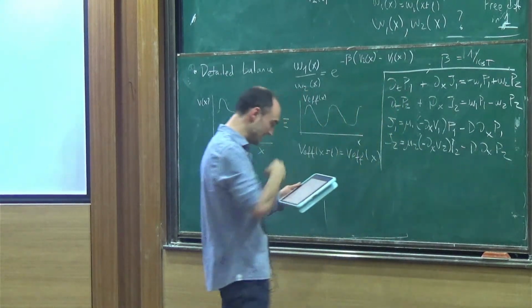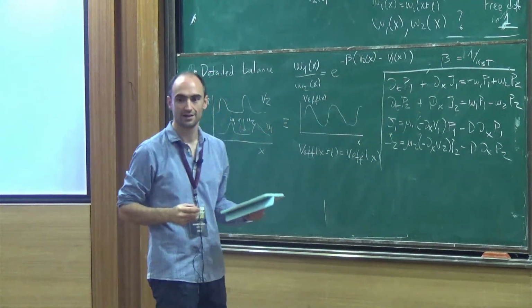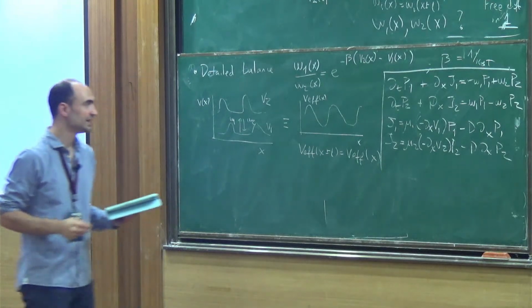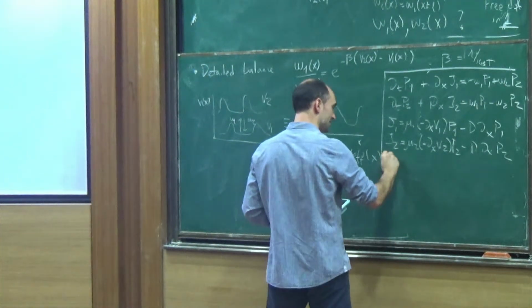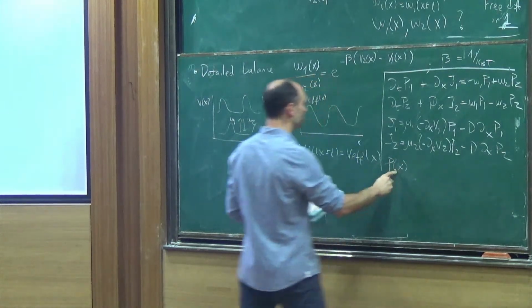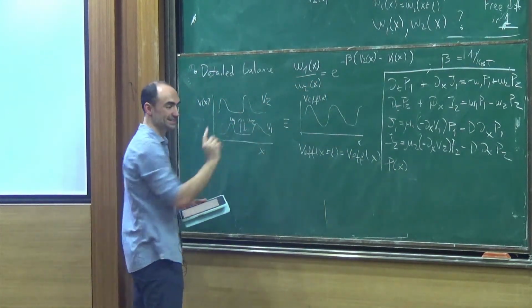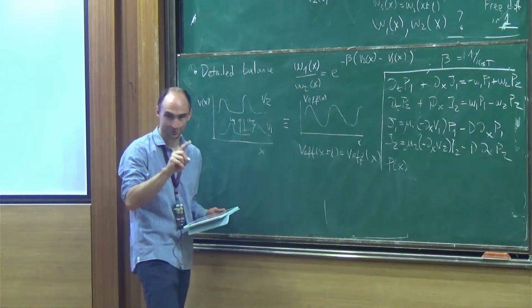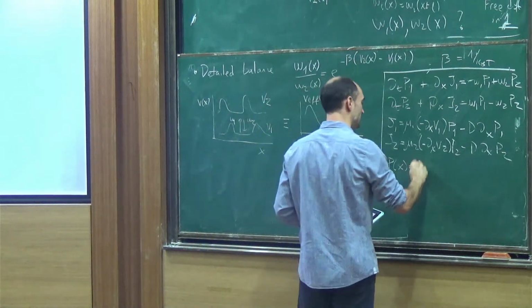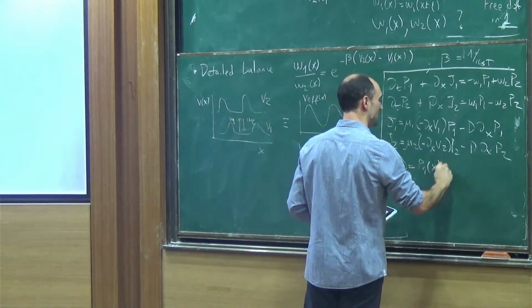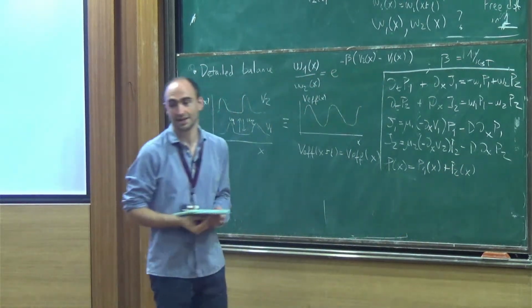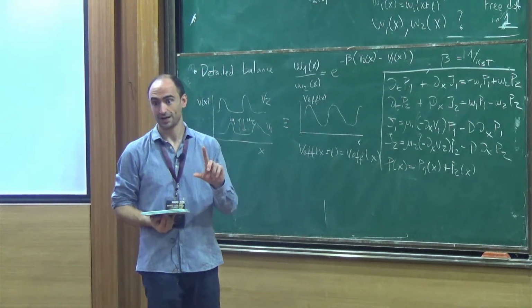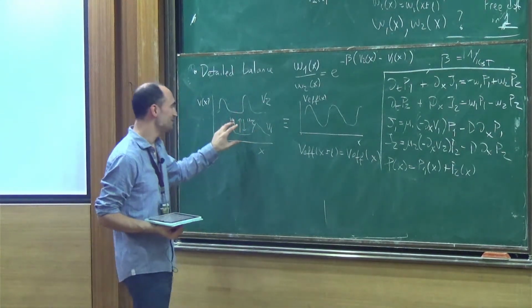Everything here is labeled 1, 2 like those states. P of x is the probability that the motor is at x in any state, 1 or 2. This is written as P1(x) plus P2(x). In reality, we have a joint distribution with two variables, x and a variable sigma, which is the state.